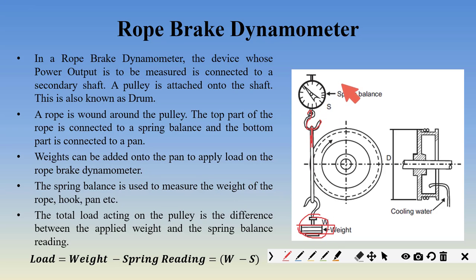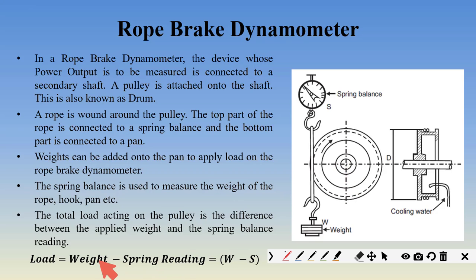That is why we use this spring balance. This spring balance measures the initial weight, the weight that we are not interested in, and afterwards we add whatever weight we have to add onto that. So what is the actual load acting on this pulley?